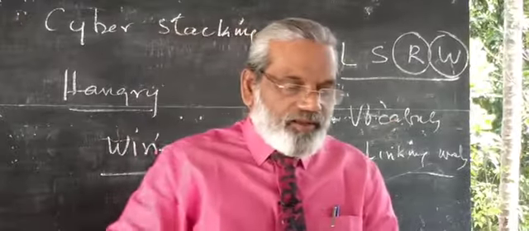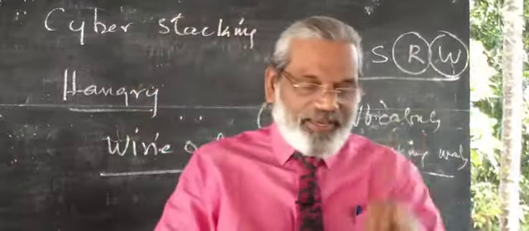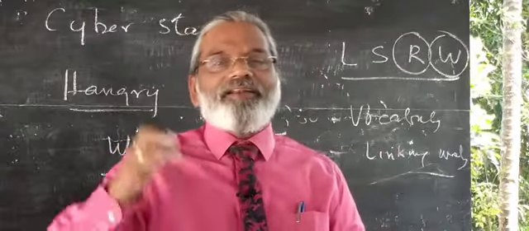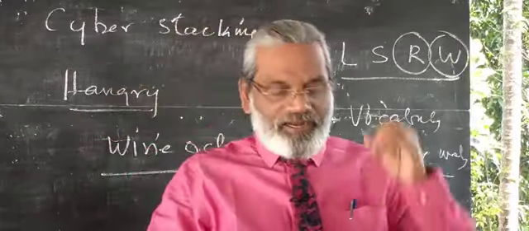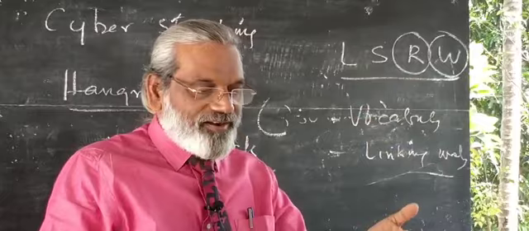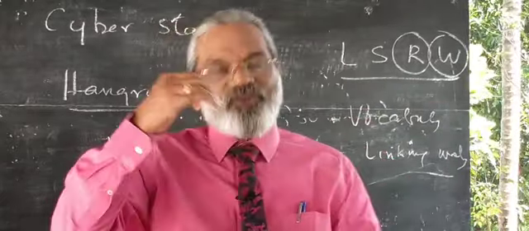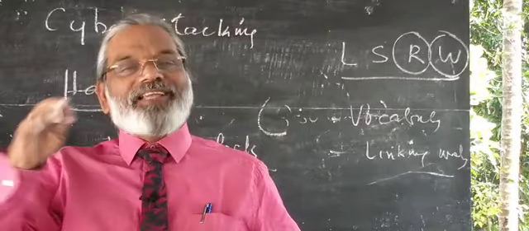Linking words like sequence: afterwards, first of all, then. To tell the result you will use hence, as a result, eventually, consequently. Such words are used in the essay topic.